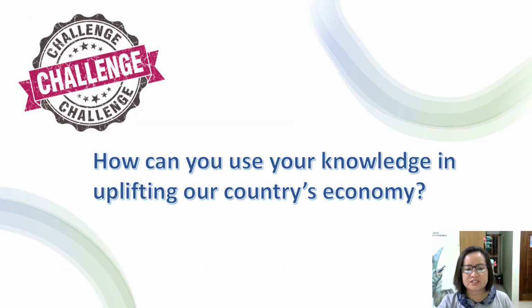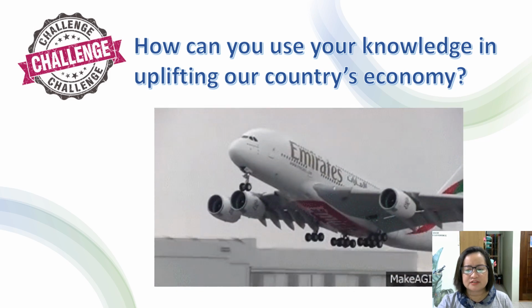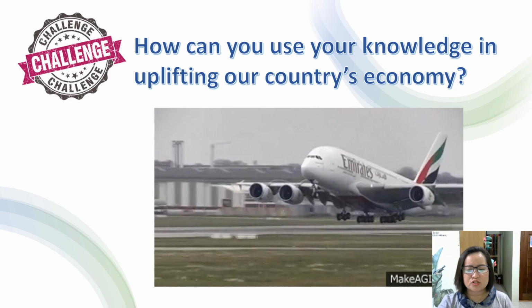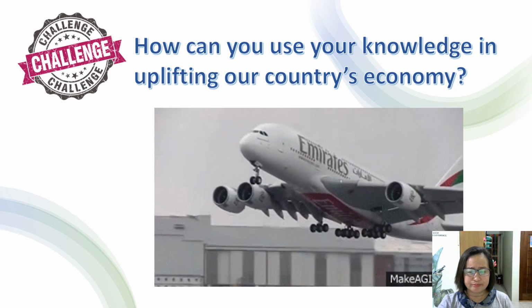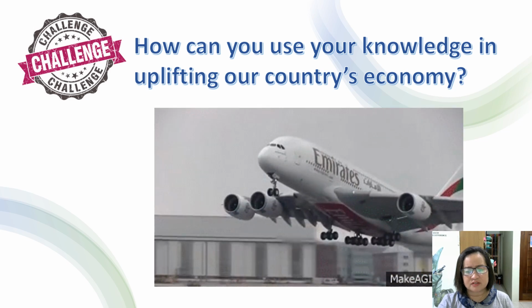Now, let us go back to the challenge that I have given you. How can you use your knowledge in uplifting our country's economy? In the subject orientation module, I was able to find out that some of you would like to become a pilot. Take a look at the movement of an airplane taking off.